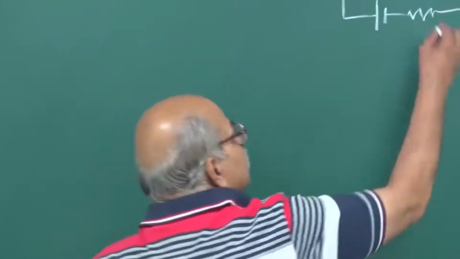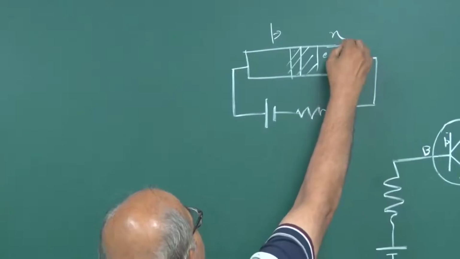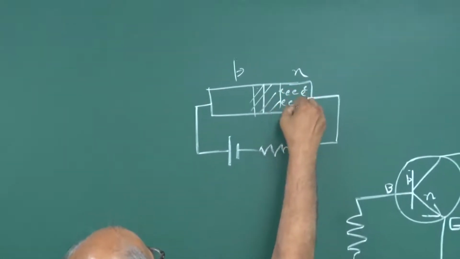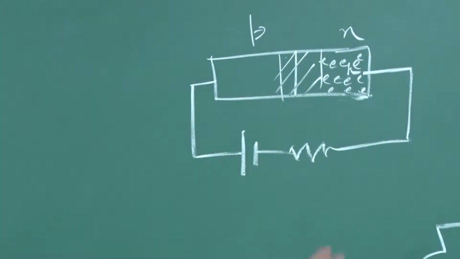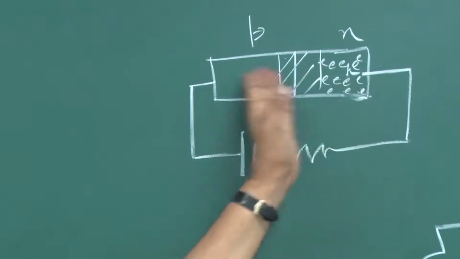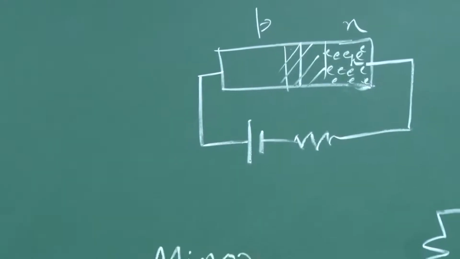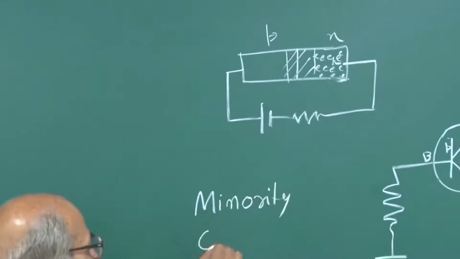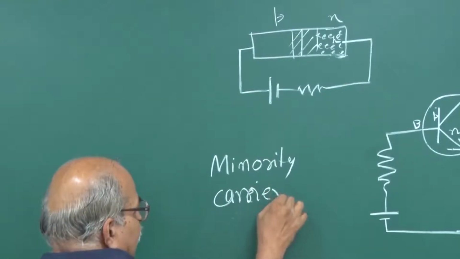If you have a large number of conduction electrons here, small number of holes, the majority carriers, once that barrier is reduced, diffuse to this side, which we call minority carrier injection.